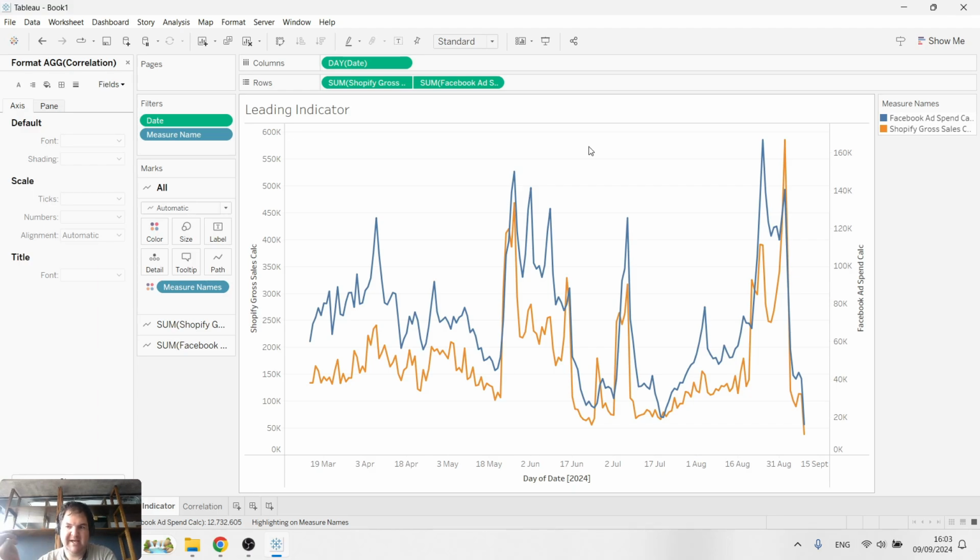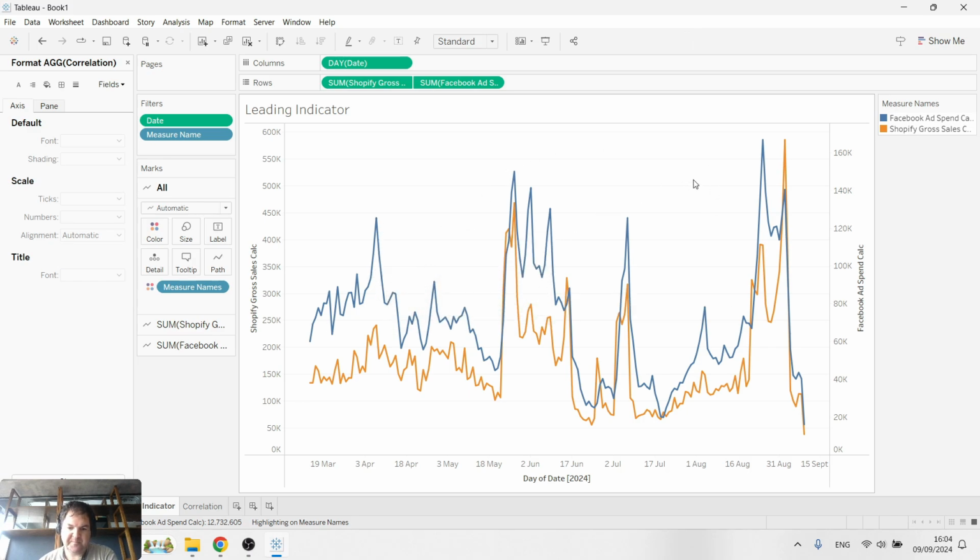So a leading indicator is a metric which can help us determine how another metric will perform based on its performance. So we know in this case, with this Shopify business, there's a very strong correlation between Facebook ad spend and revenue, Shopify gross sales in this case.